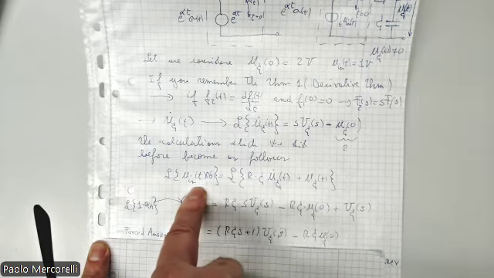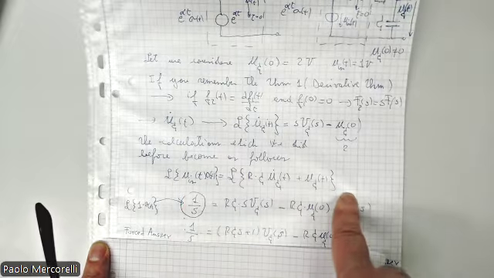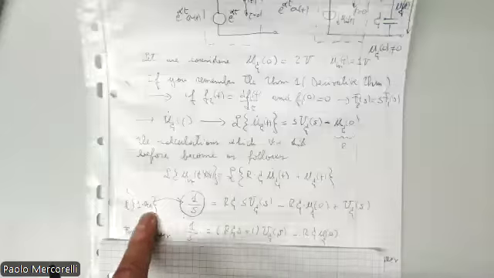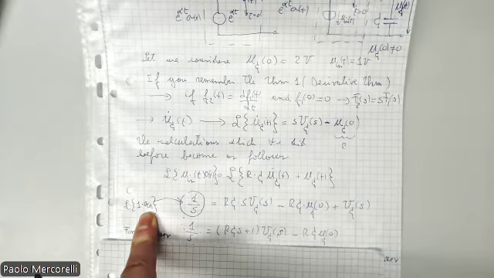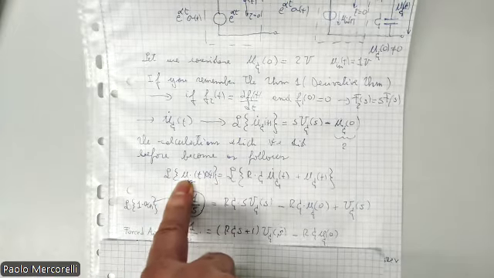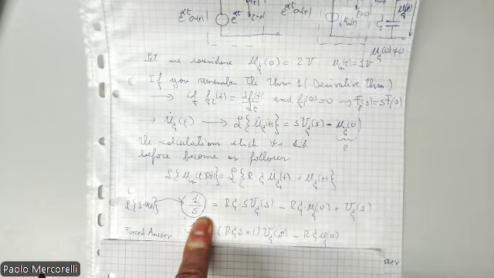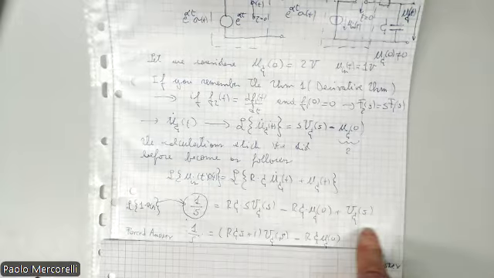Then I do the Laplace as before. If I give you, for instance, a step with amplitude 1, you remember the table, we have the Laplace of 1 multiplied by sigma, which is 1 divided by S. And the Laplace of this is this one.